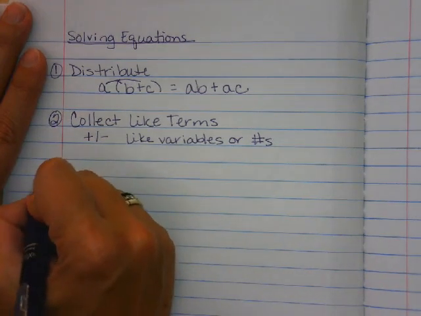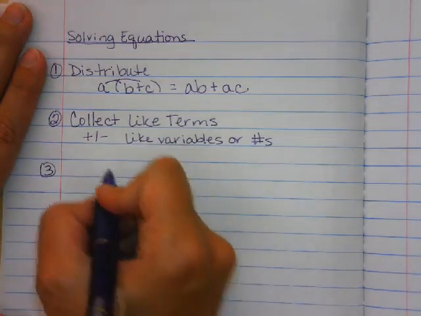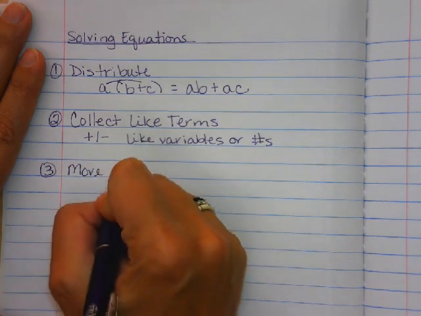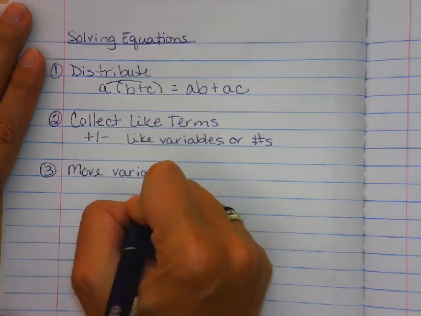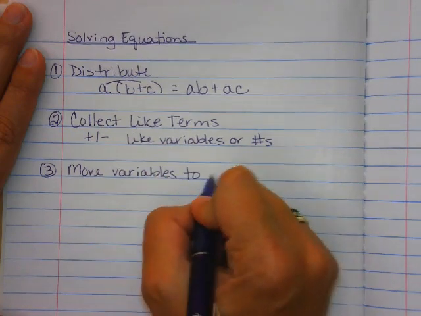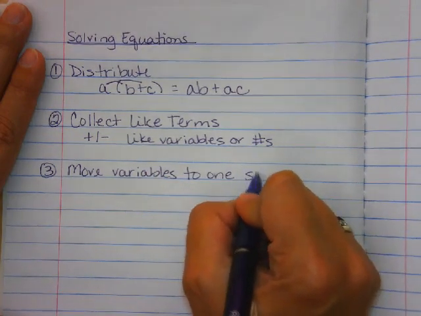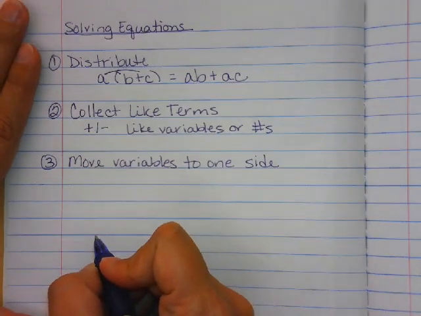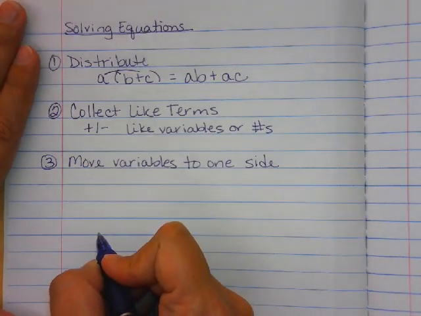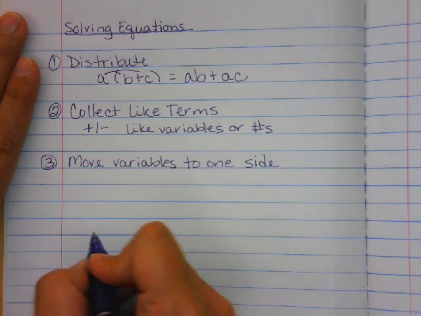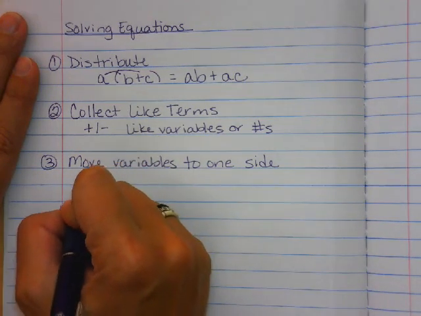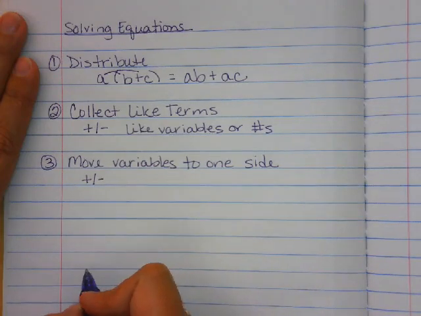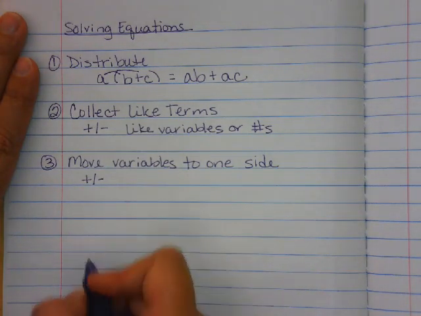Our third step is what we're going to talk about tonight. We need to move our variables to one side. So today we're going to look at equations where you may have 3x plus 5 equals 2x minus 6. And we need to move our variables all on the same side. And we do this very much like collecting like terms by adding and subtracting.